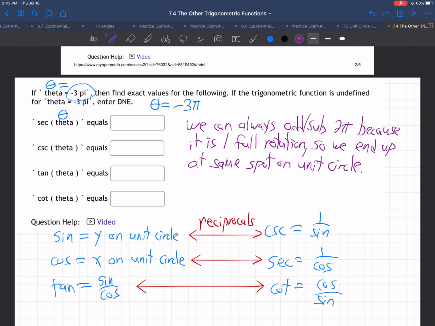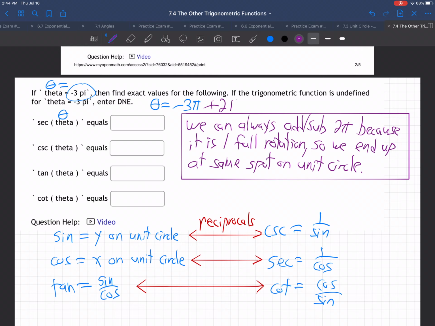If you add 1 full rotation to where you were before, you're going to end up at the same spot you were at before. So we can always come in here and add 2 pi.